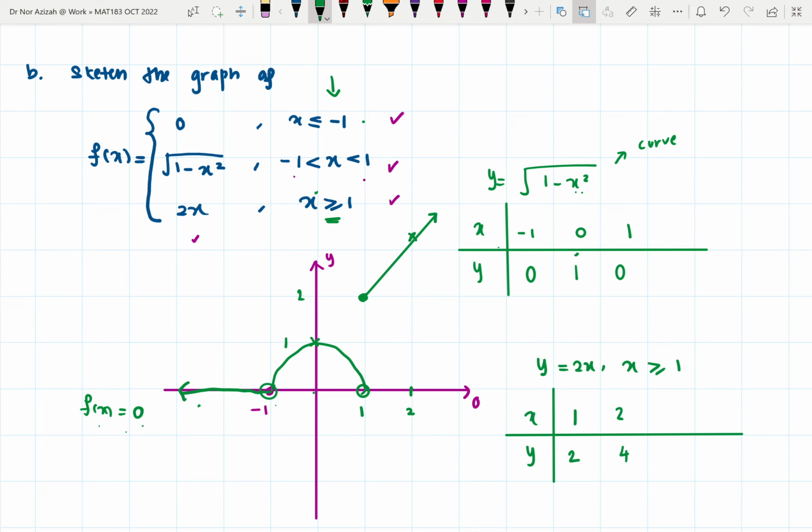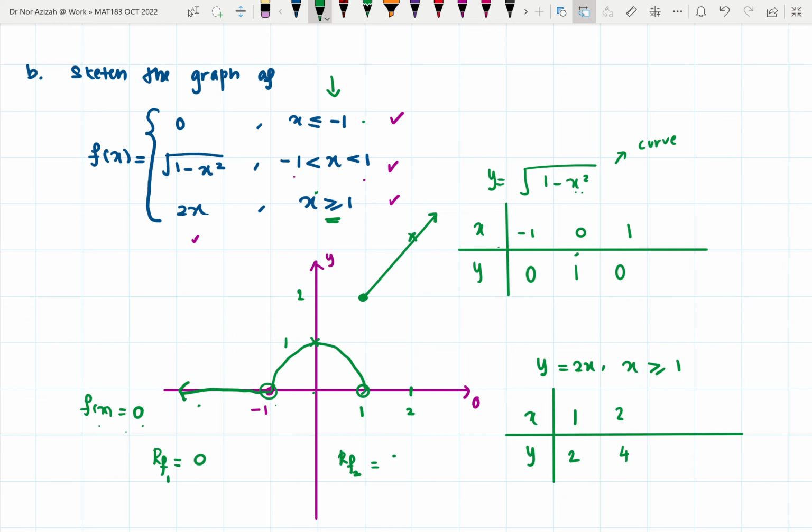Okay, and then for the second part here, the range of f for the first function, you will get 0, only 0. For the second function, I put as f2, the value of y here, the minimum point is 0, right?